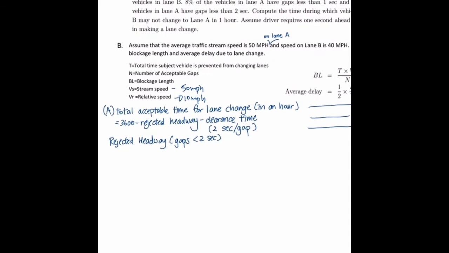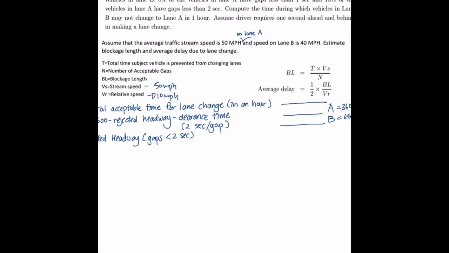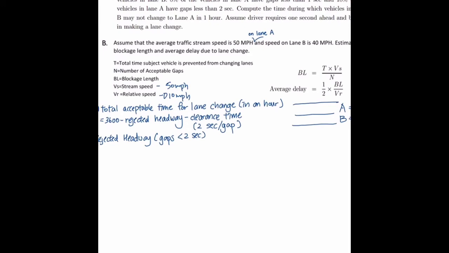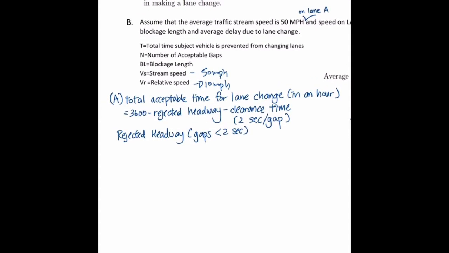In the question, it says 8% of the vehicles in lane A have gaps less than 1 second, and 18% of the vehicles in lane A have gaps less than 2 seconds. So I'm going to calculate how many gaps are associated with it. Gaps less than 1 second, and gaps between 1 second and 2 seconds.